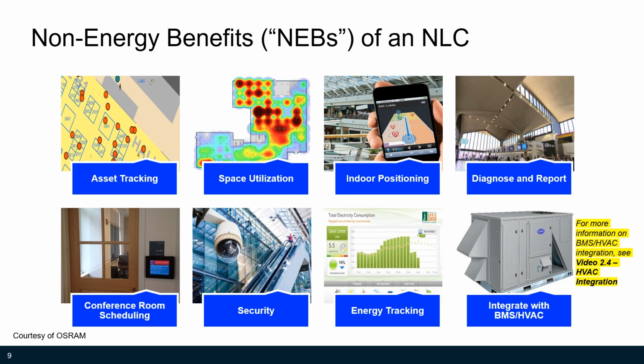And using a lighting control system is a very good way to do this because lights are everywhere in a building, so it creates a very dense network of these Bluetooth beacons.